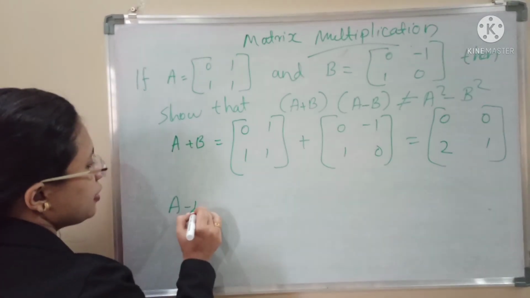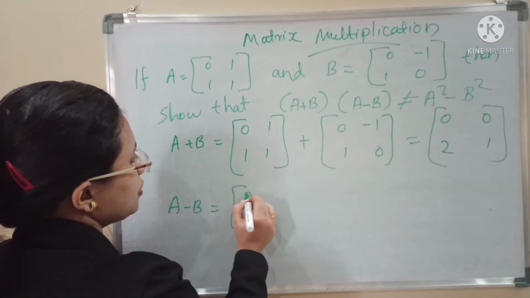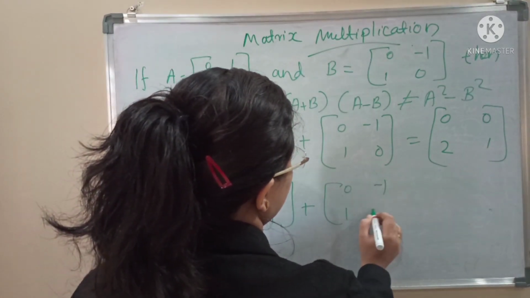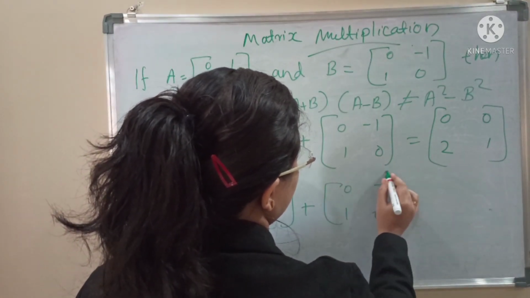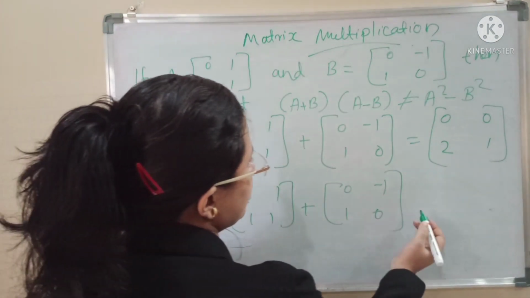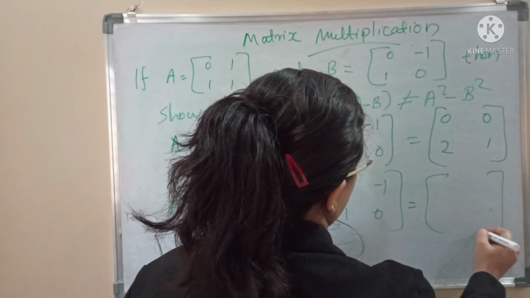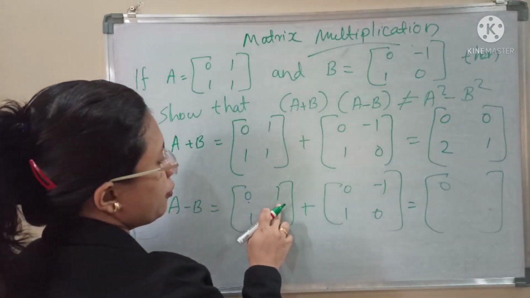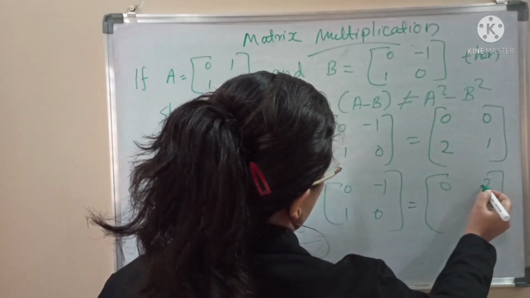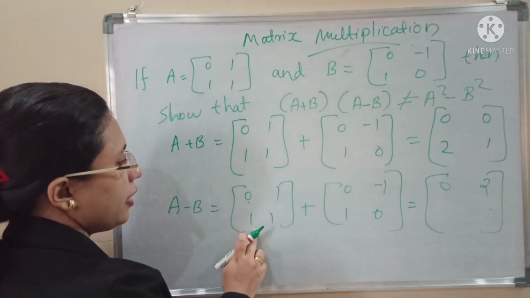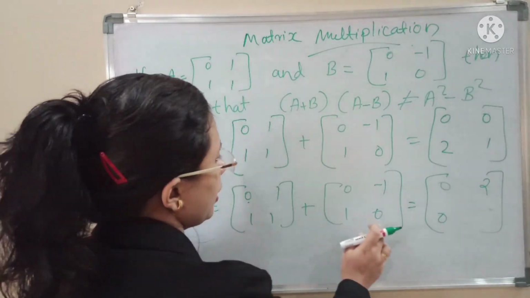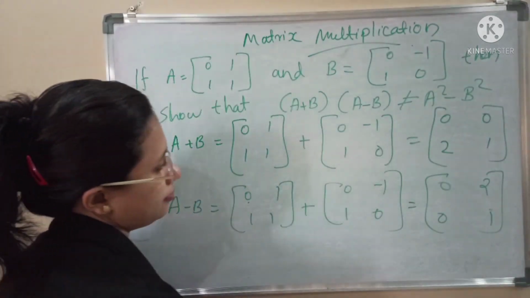Again, A minus B will be: 0 minus 0 is 0 itself, 1 minus minus 1, that is 2, 1 minus 1 is 0, 1 minus 0 is 1.